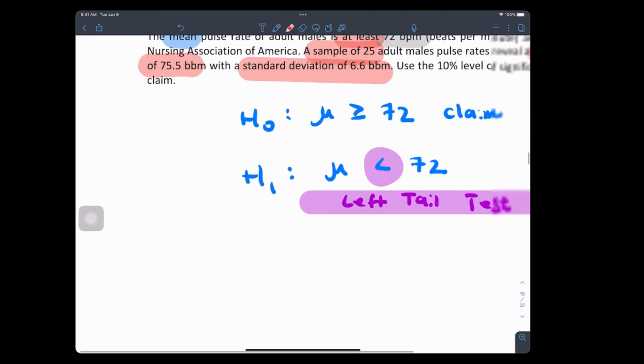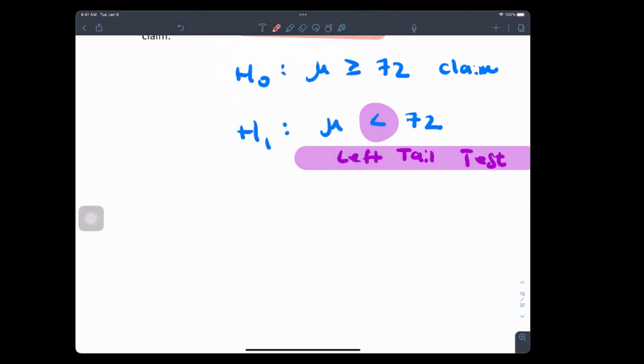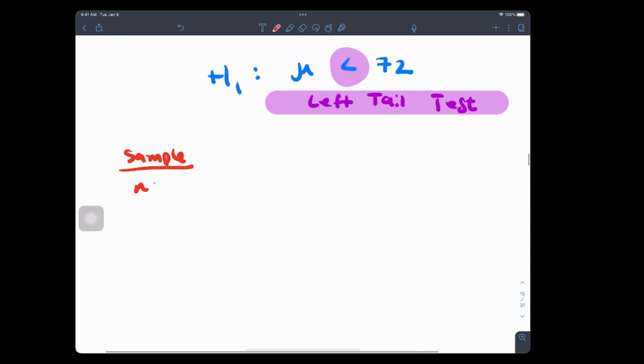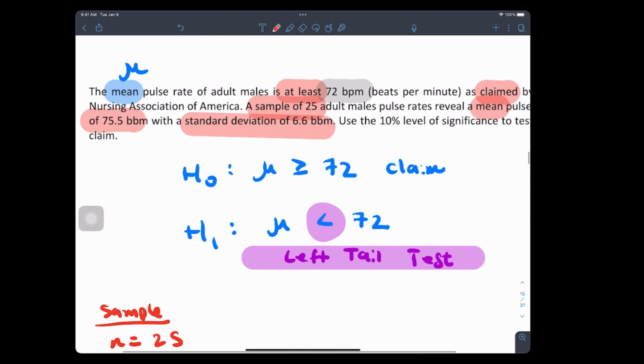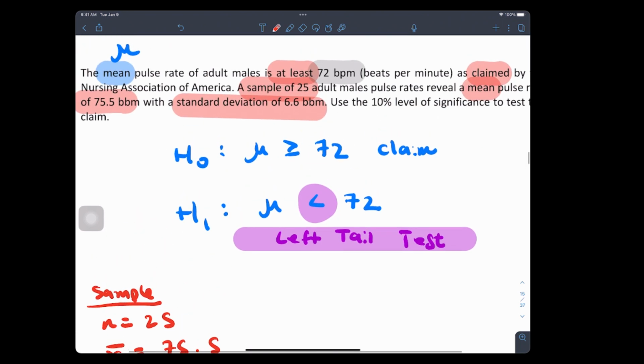So what I write down now is this. My sample information is: sample size equals 25, sample mean equals 75.5, sample standard deviation is 6.6.